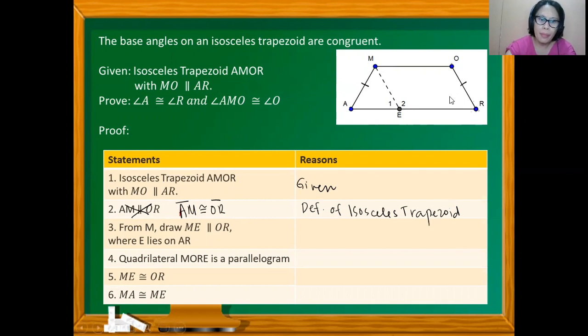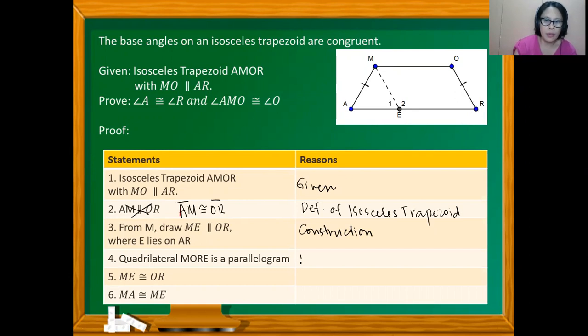Now, from M, draw ME, which is parallel to OR, where E lies on AR. That's why we represent this by a broken line. And this is about construction. Now, quadrilateral MORE is a parallelogram.